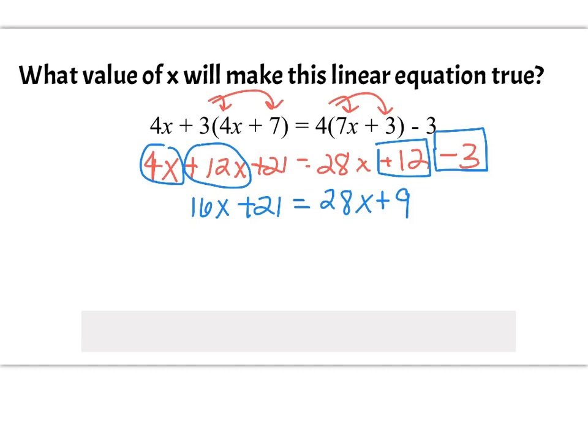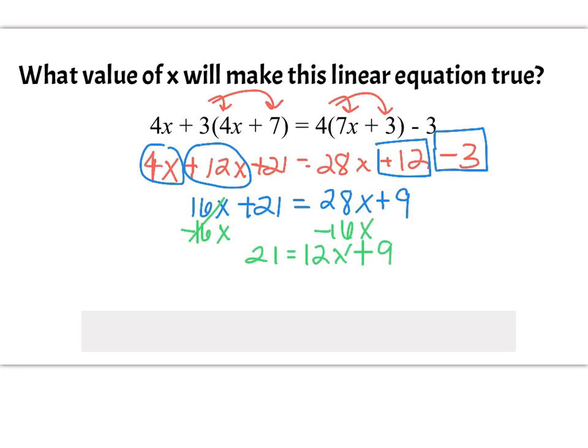I can't combine on either side. Now I can go ahead and start to move. My smaller x value is this 16, so I'm going to subtract 16x on both sides. These cancel out, and I'm left with 21 equals 12x plus 9.